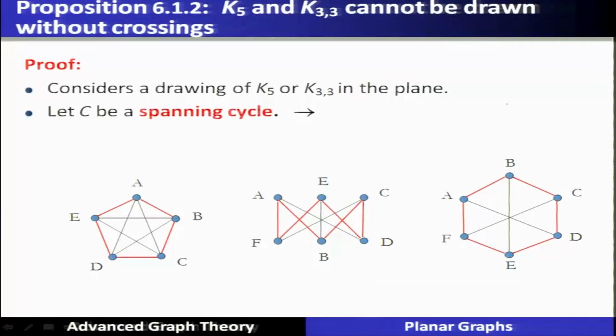In this drawing of K5 and K33, there exists a spanning cycle, shown in red. Here also there is a spanning cycle which starts from A and comes back to A, shown in another embedding.